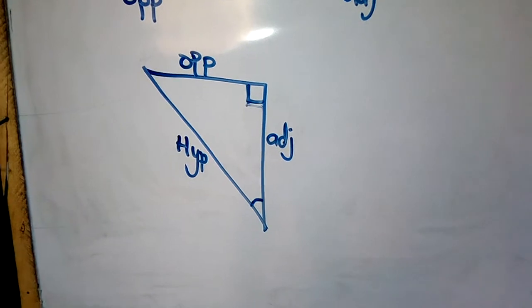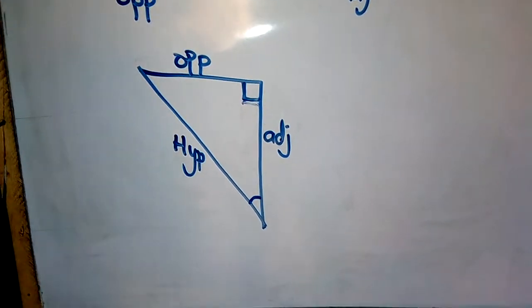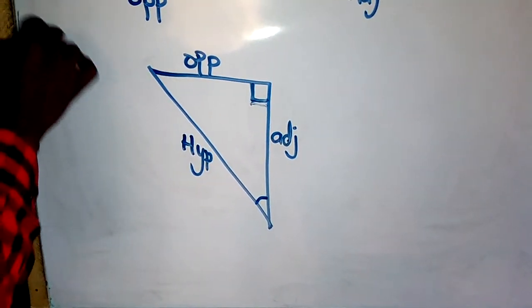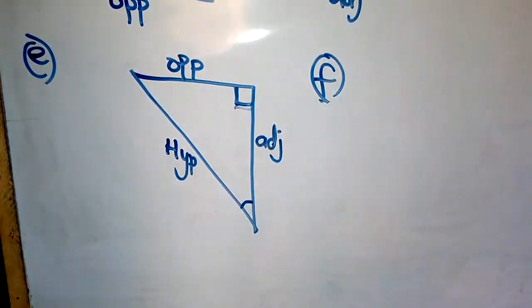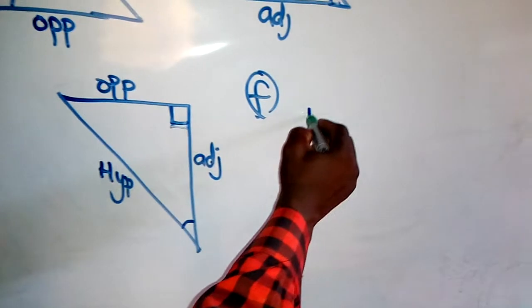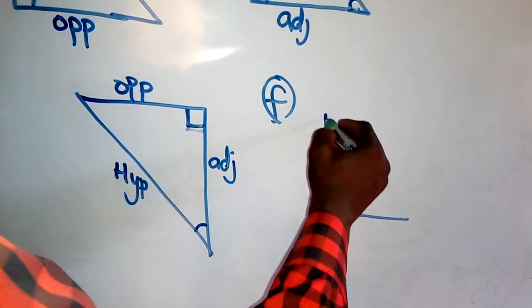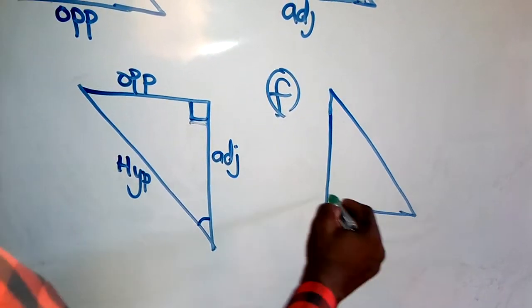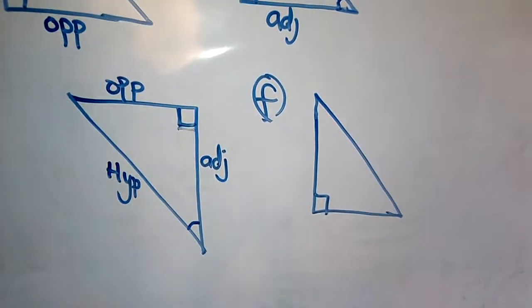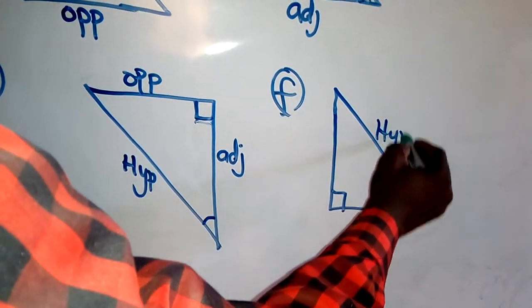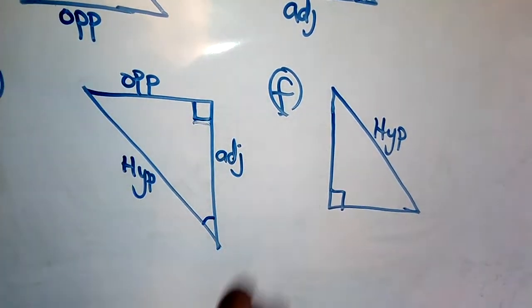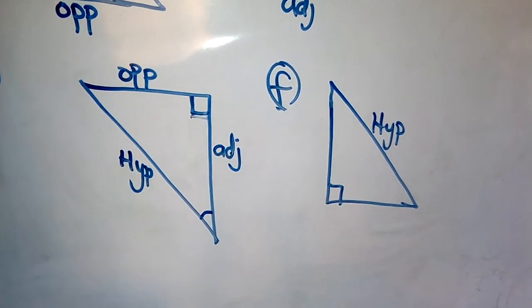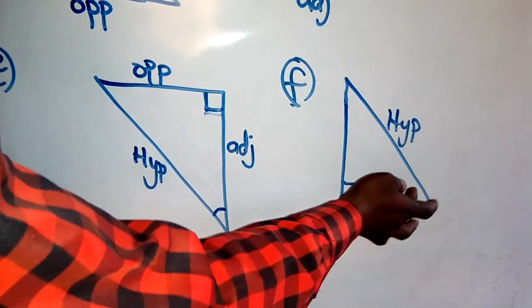Let me tell you that if you are given a right angle triangle without indicating the side, let us say this is what we are having, the longest side is the hypotenuse. But the question that you ask yourself is, which side will be your opposite or your adjacent? You are free, because no angle is indicated here.